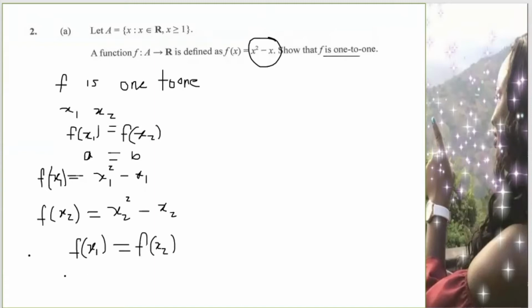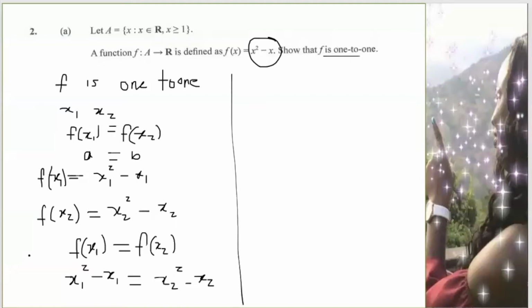So for f of x1, I replace it with x1 squared minus x1, and it's equal to x2 squared minus x2. Now our aim is to get it to be one-to-one, if it's possible.